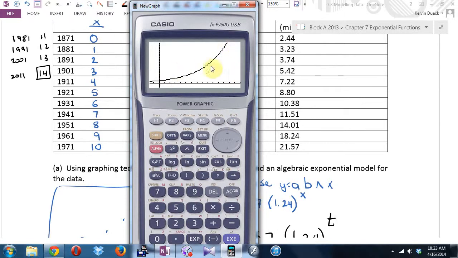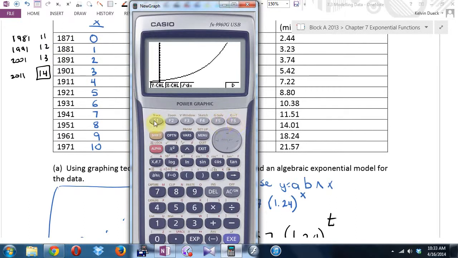But the whole point of this was I want to find out what y value goes with an x value of 14. And if I didn't move the screen over and up, that value wouldn't appear on the screen and my calculator wouldn't be able to help me. So I had to go further to the right, and then I figured I had to go further up. So now I can go G-solve, arrow sideways.